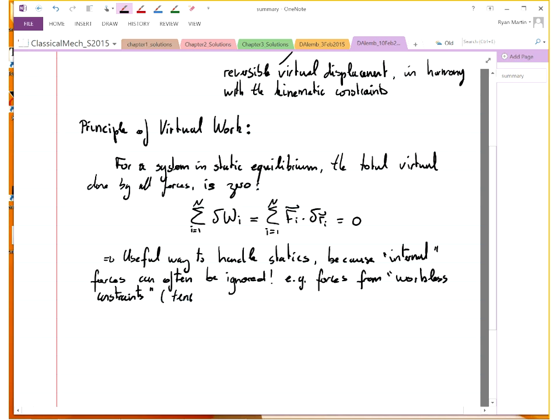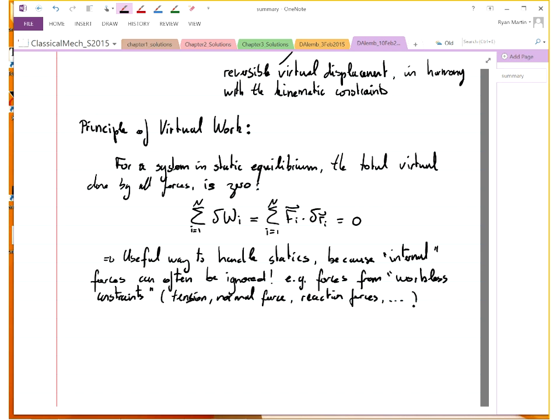So we saw, for example, tension, normal force, reaction forces, which are really just normal forces, etc. Those all turn out to be forces that don't do any work. And they typically don't do any work because the only component of F dot delta R is inconsistent with the kinematic constraints.